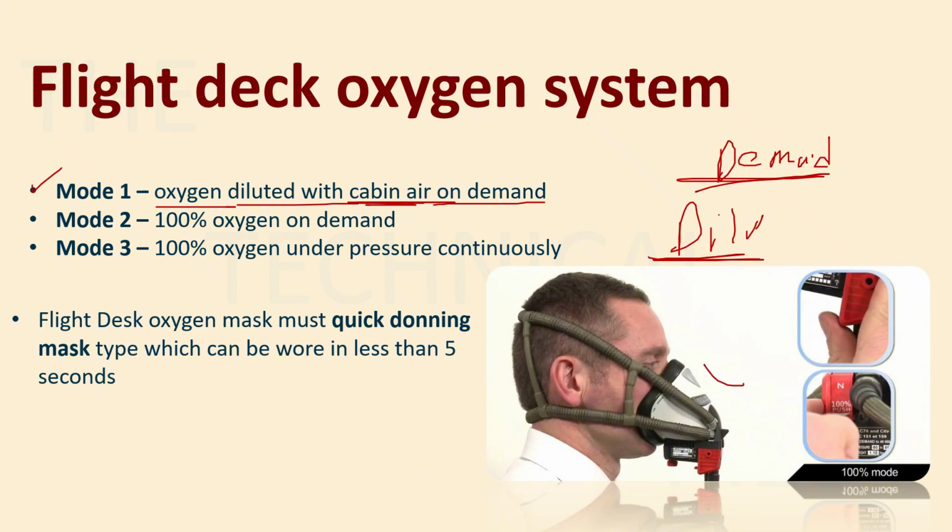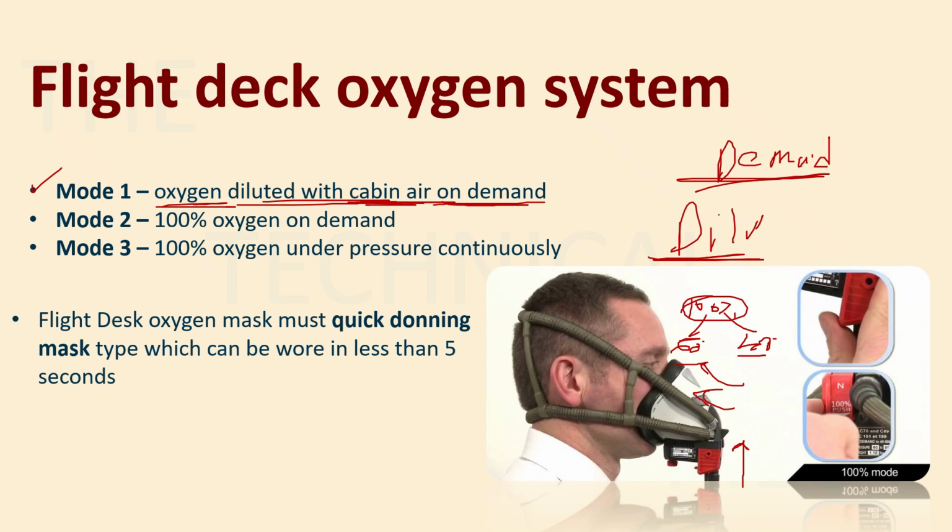As the pilot inhales, the oxygen will be coming in through here, diluted with cabin air. So it is not 100% oxygen, it is some oxygen with your cabin air, right? Let's say 60% oxygen and the rest 40% is mixed with cabin air. This combination is inhaled by the pilots and comes on demand.